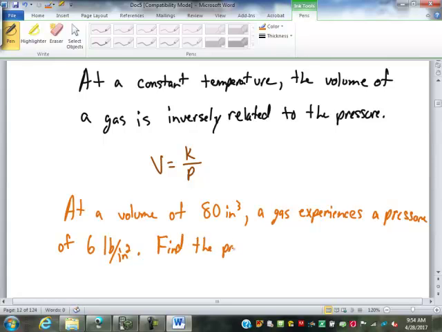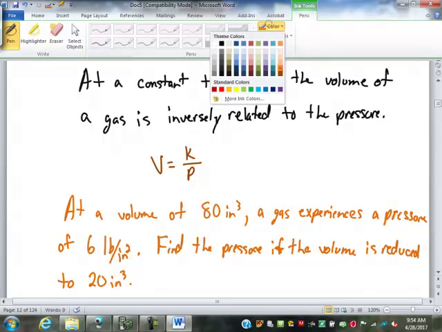Find the pressure if the volume is reduced to 20 cubic inches.